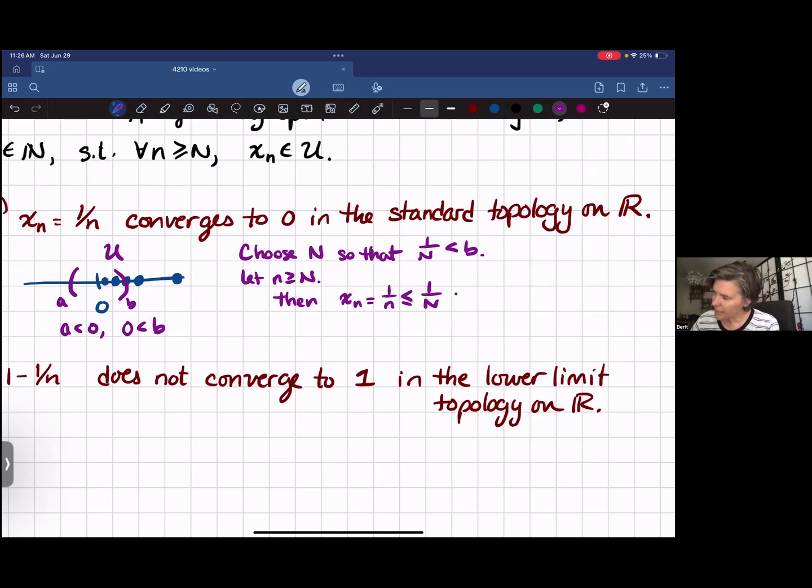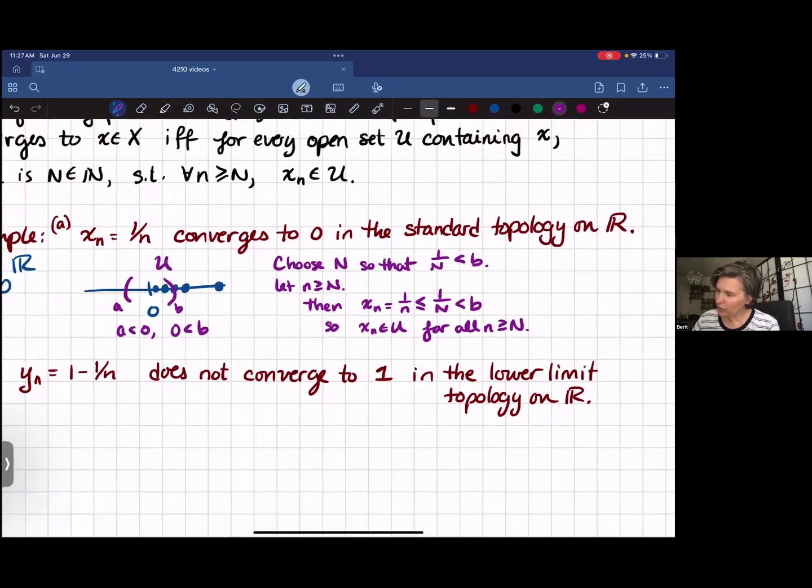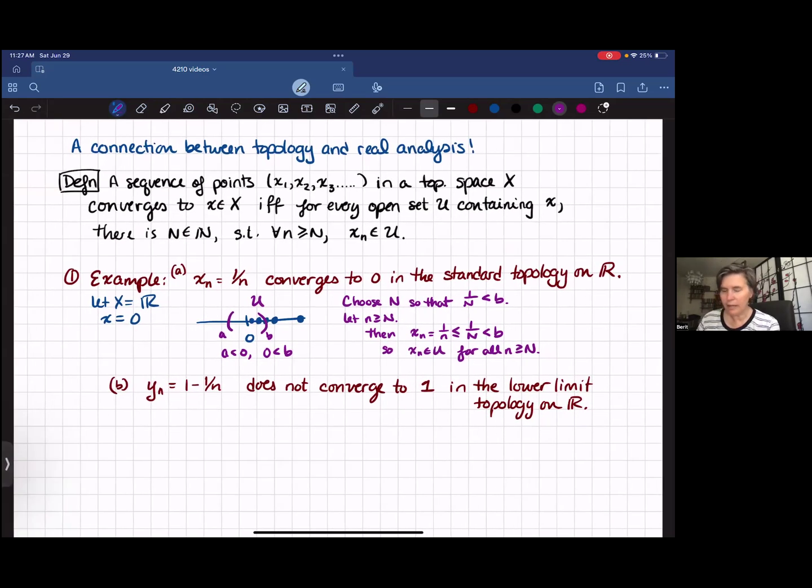Okay, and then this is less than B. So x sub n is in U for all little n greater than or equal to capital N. I took an arbitrary open set, which in this case is an open interval, and the top side of the interval is a positive number B, so I can choose a capital N so that 1 over n is less than B. That's like the Archimedean property.